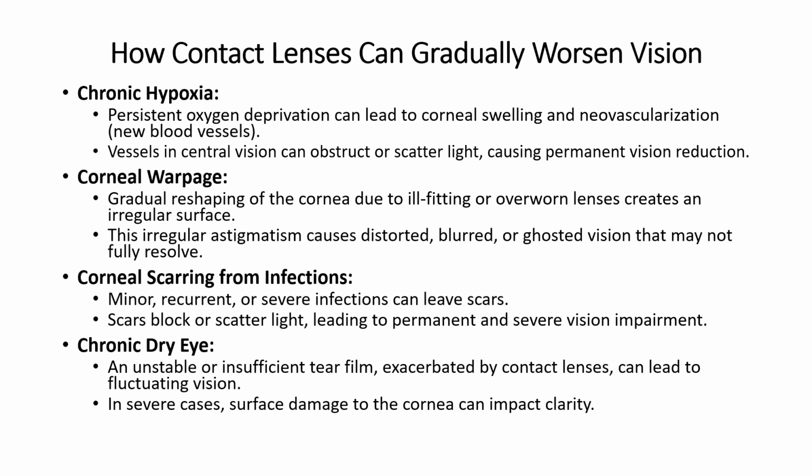Thirdly, corneal scarring from infections, even minor or recurrent infections can leave small scars, or a severe infection can leave a significant one. These scars directly block or scatter light, leading to permanent and severe vision impairment. And finally, chronic dry eye, with its unstable or insufficient tear film, can cause fluctuating vision and, in severe cases, surface damage to the cornea that impacts overall clarity.